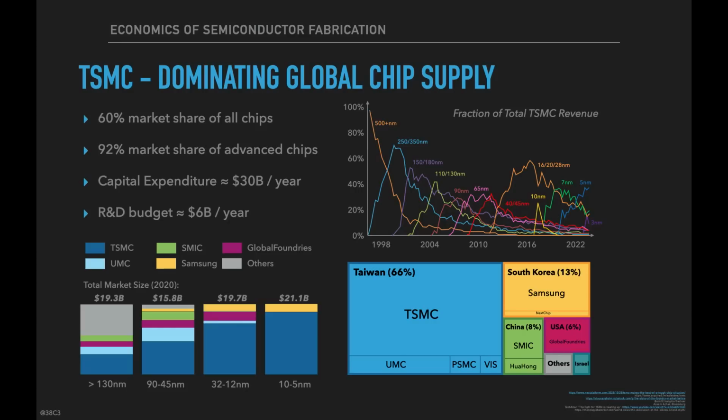And they need this because here this is a plot of the fractional revenue of TSMC by different process nodes, and you see every couple of years there's a new node coming up, which means basically a new factory that you have to build with new R&D. It's not just a factory, it's basically a research project that you have to build.